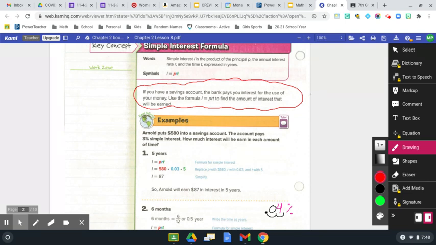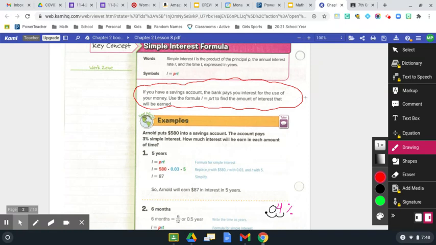If you have a savings account, then the bank is going to pay you interest for the use of your money. So as long as you keep your money in that savings account at that bank and you don't touch it, it's going to earn some interest for however long you keep it in there. And so we talked about interest earned, right? It's basically, in some respects, earning some free money for your account. So interest earned, those are your savings account examples. And so we did a few examples of those yesterday and spent some time on that.